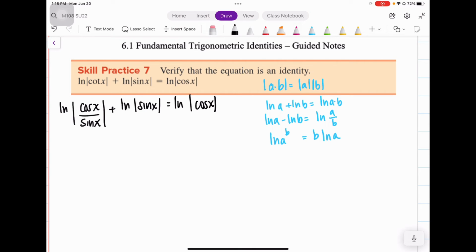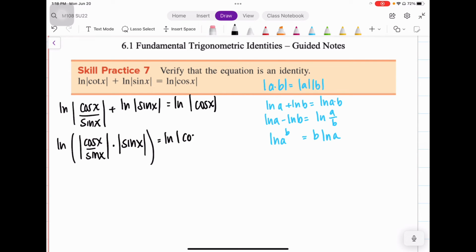I can then condense the cosine of x over sine of x, absolute value, with sine of x. I'm going to multiply those. And because they are in the absolute value, first I'll write it like this for you. The cosine of x over sine of x, absolute value, times the absolute value of sine of x.